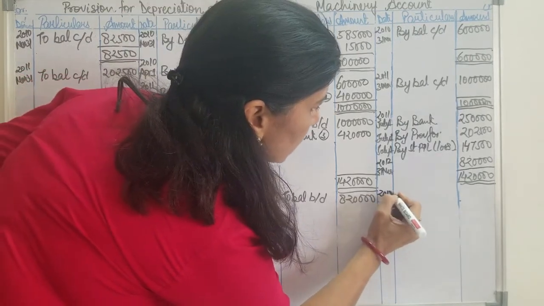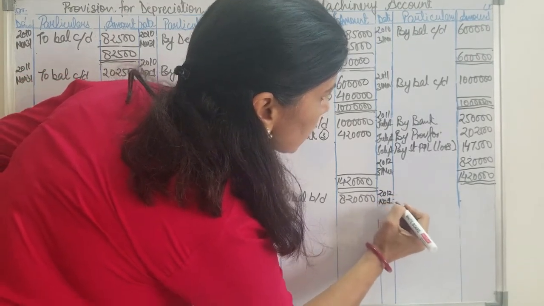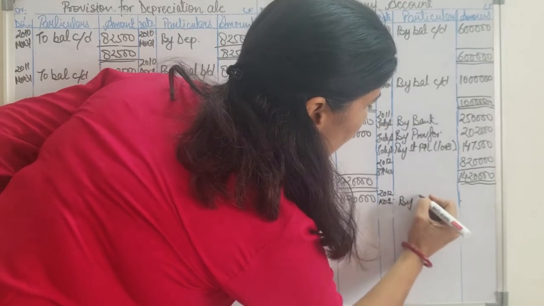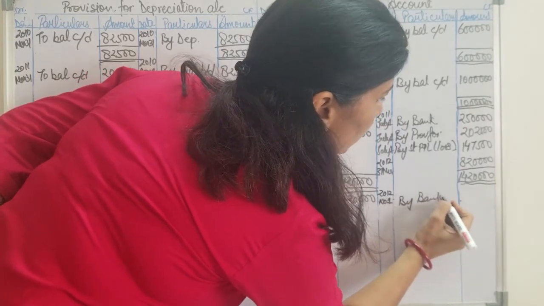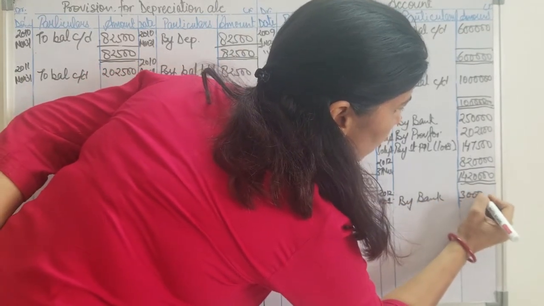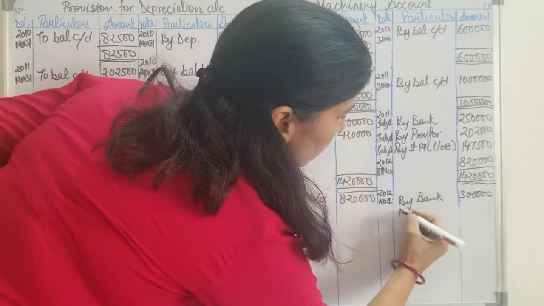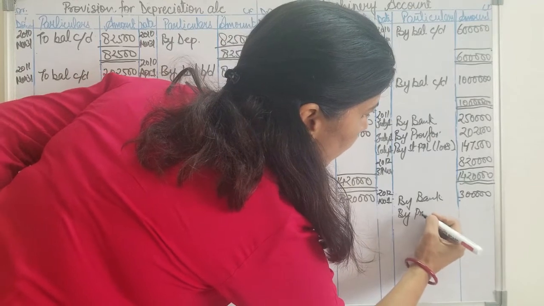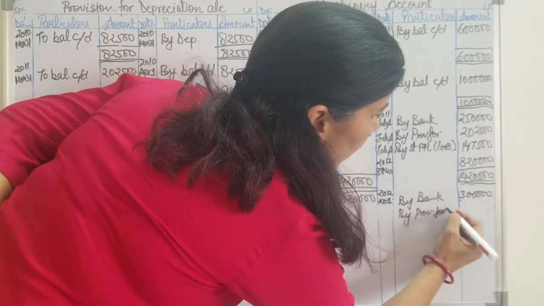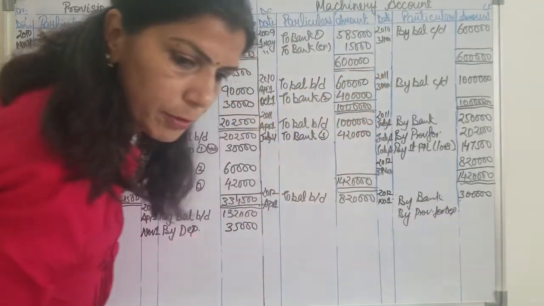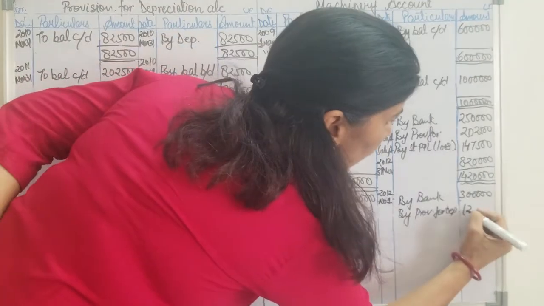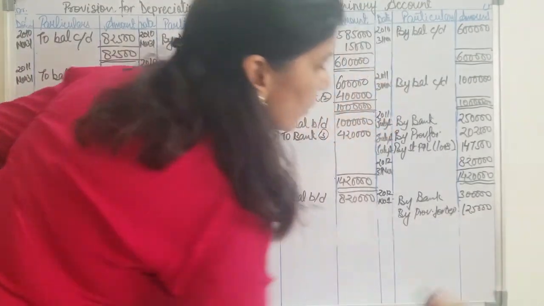So it's 2012 November 1st by bank. Amount machinery was sold for 3 lakhs. So the amount is 3 lakhs here. Then provision for depreciation. For depreciation, accumulated depreciation is 1,25,000.